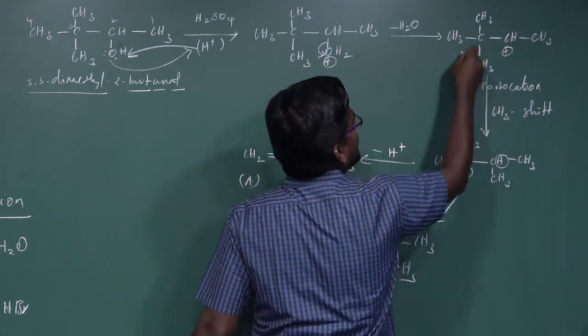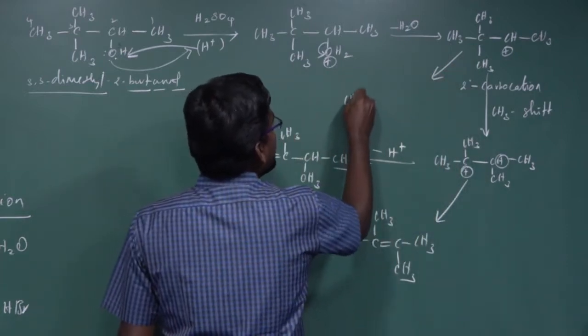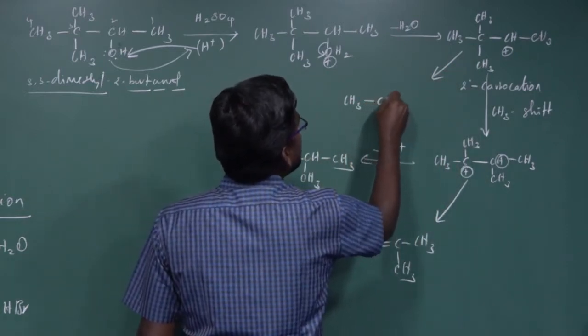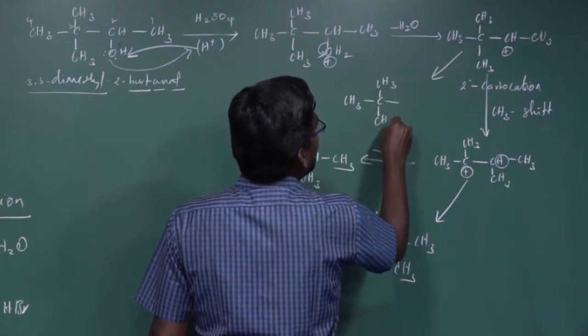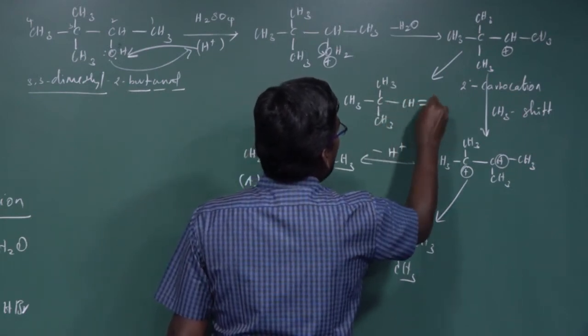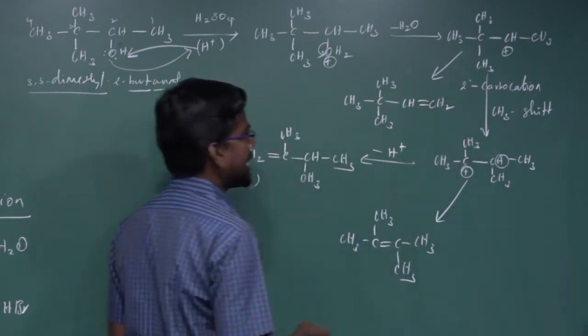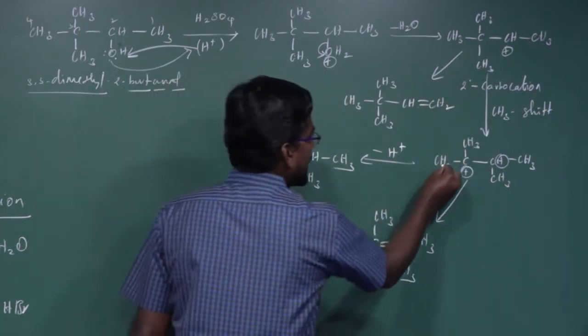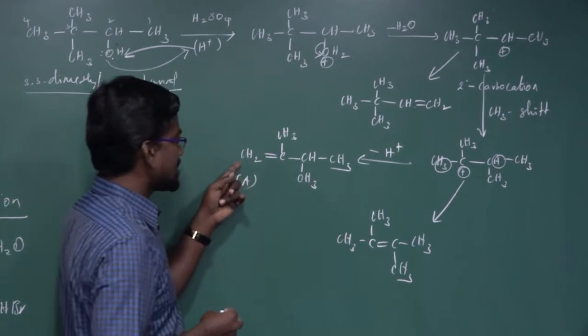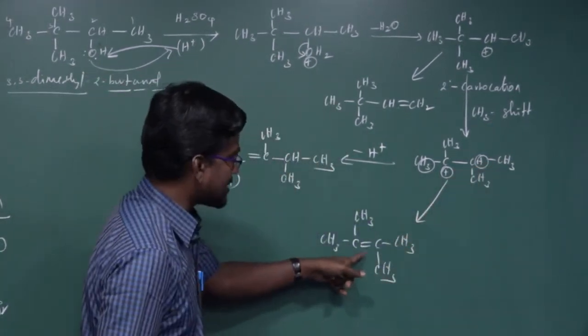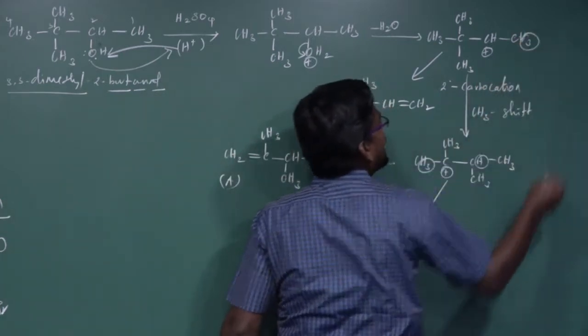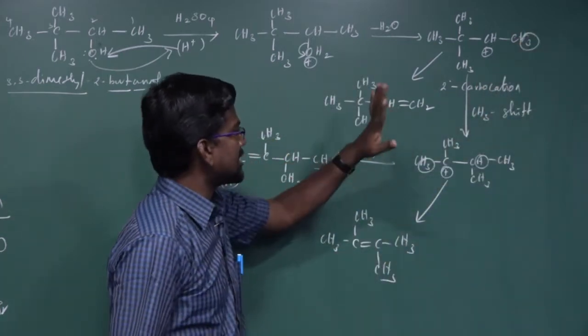When the beta carbon's hydrogen is removed, it forms CH3 C, CH3, CH3, CH double bond CH2. Removing that hydrogen forms a double bond.